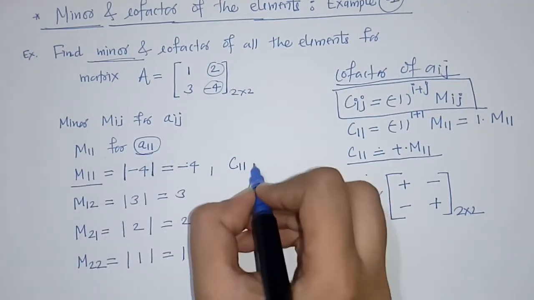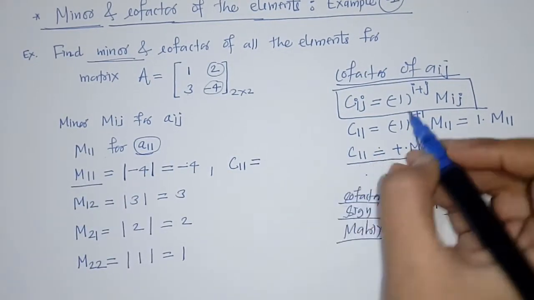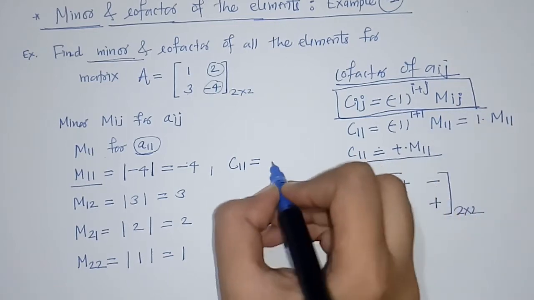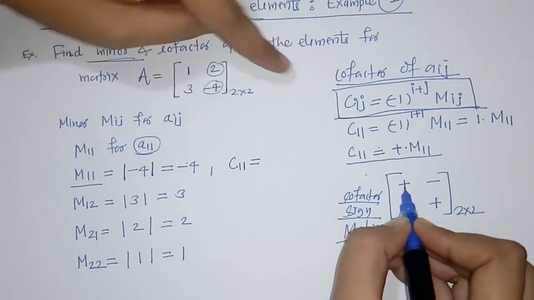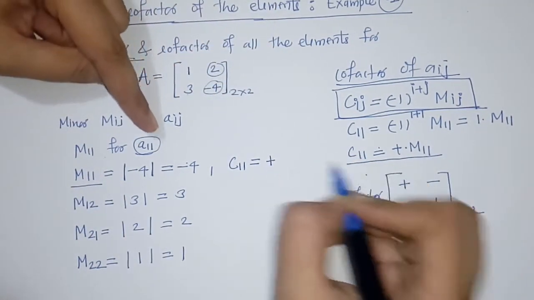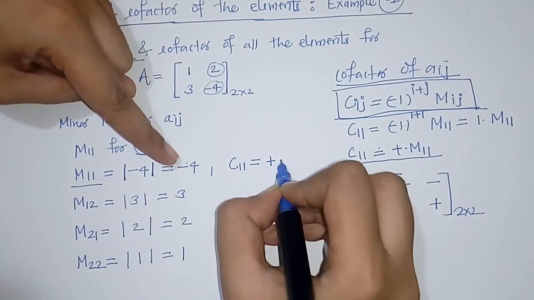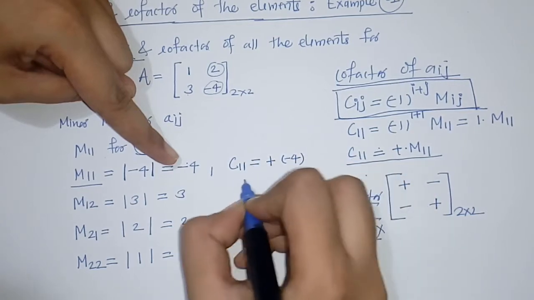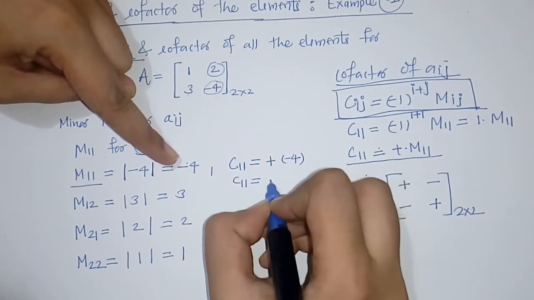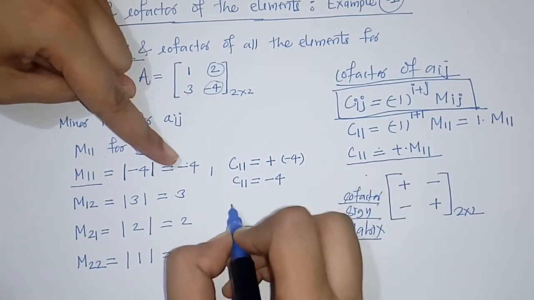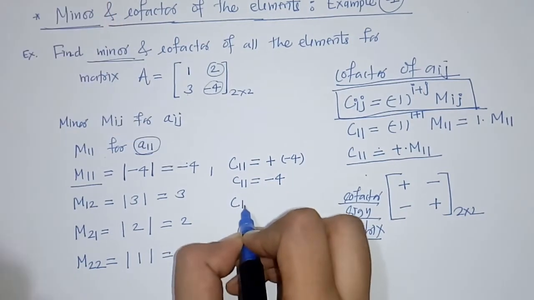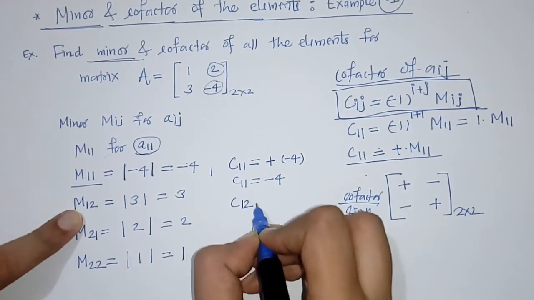By this formula we get a plus sign, plus into this minor. Here the minor we got is -4, so C11 is -4. Now we will find the next cofactor, C12.